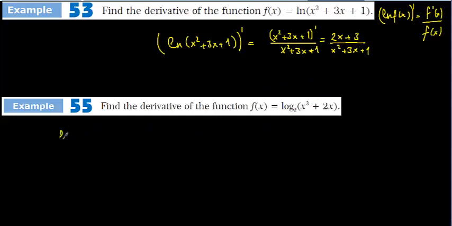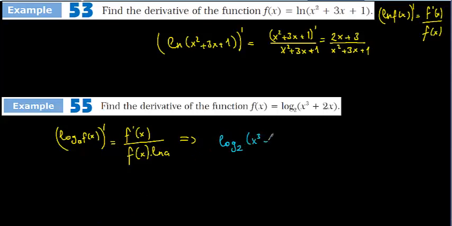That's why the derivative of log base a of f(x), if you remember, is going to be equal to f'(x) over f(x) times ln a, which this time is written in the denominator. Then, if we solve our question, the derivative of log base 2 of x cubed plus 2x is equal to the derivative of x cubed plus 2x, which is f'(x), over f(x), x cubed plus 2x, times ln a.